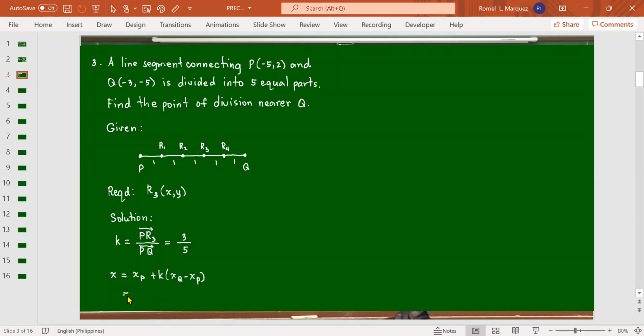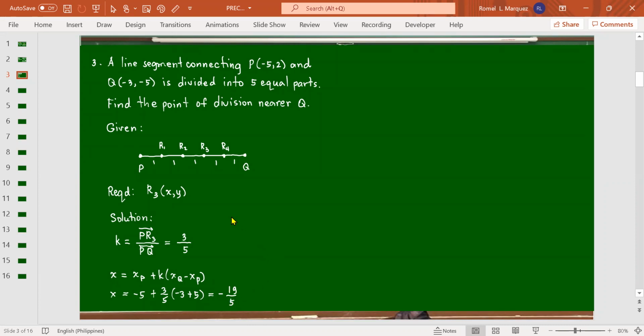Okay? Let's substitute. What is x sub p? Negative 5, sir. Negative 5 plus 3 over 5 times x sub q, which is negative 3 minus negative 5. So what's the value? Negative 5 plus 3 divided by 5 times 2, no? So that is negative 19 over 5.